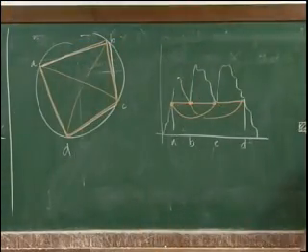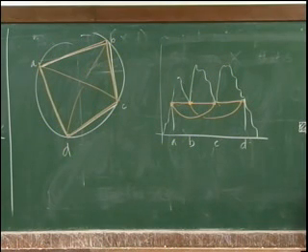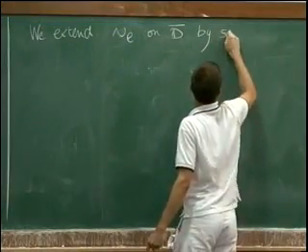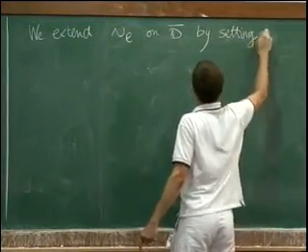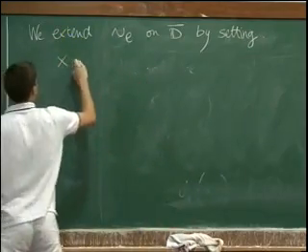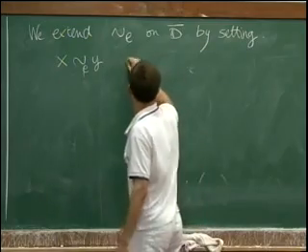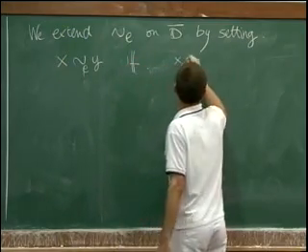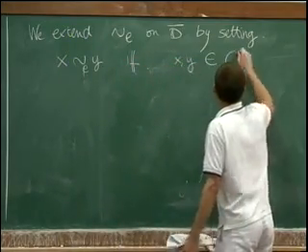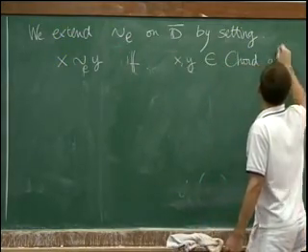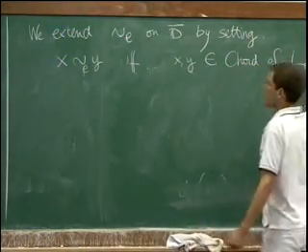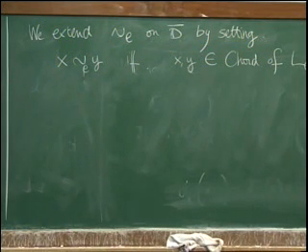So we extend this on D bar by setting x is equivalent to y by E in the disk if, and only if, x and y are in some chord of LE. If they belong to some chord of LE, they are identified.